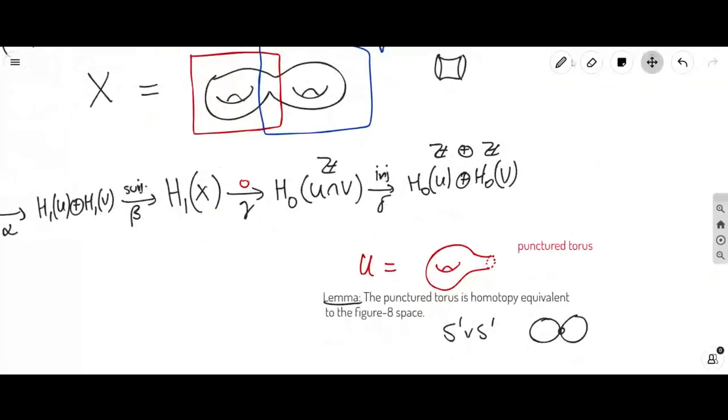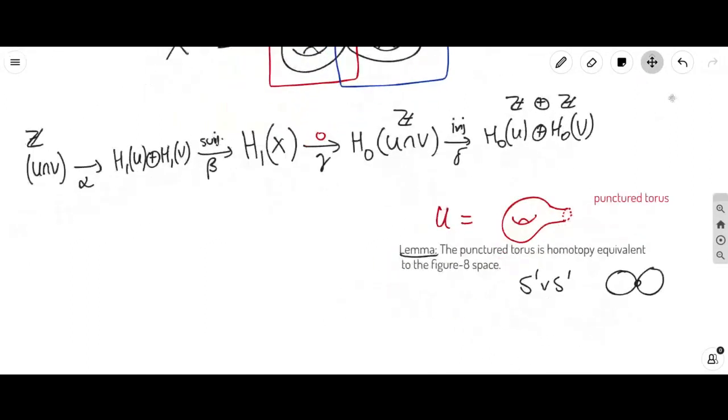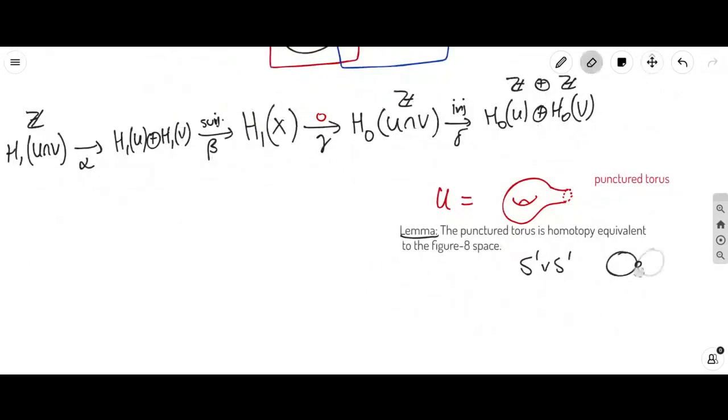So when you're computing the homology of U, by homotopy equivalence you can just say that it's the homology of the figure 8. So you have one of the circles going like that and one of the circles going like that.